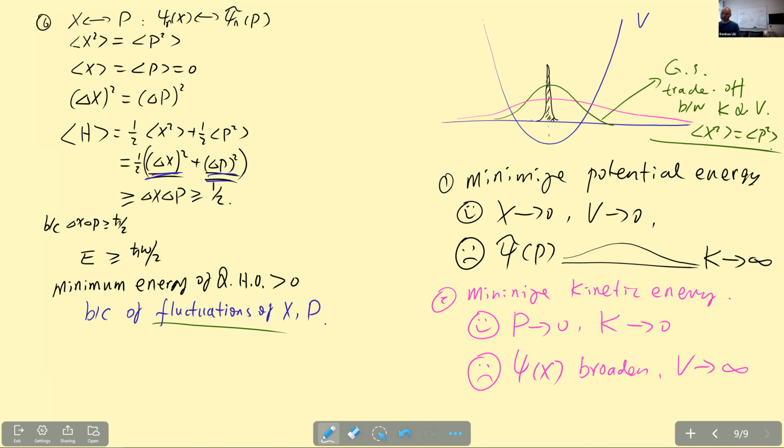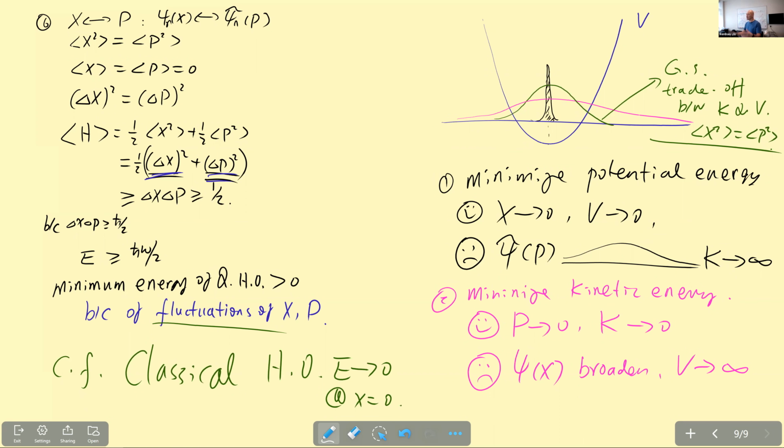So this is fundamentally different from classical mechanics, right? For classical mechanics, the harmonic energy E goes to 0 at x equals 0. So you just place the particle at the bottom of the potential.